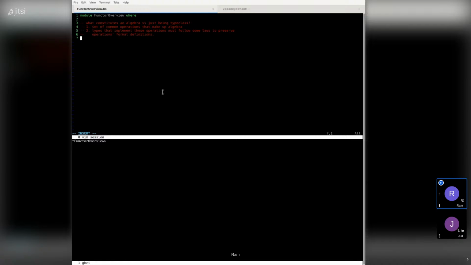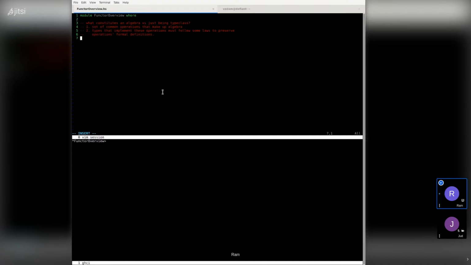All right, that's something that I don't believe is built into the type checker. The second part about implementing operations that follow laws is not built into the Haskell type checker.